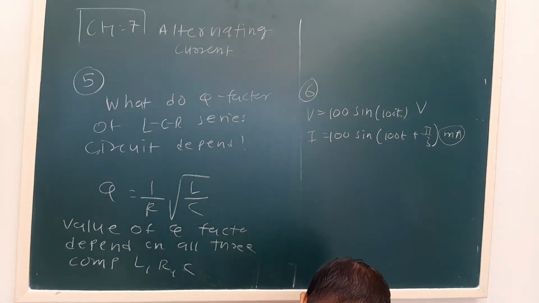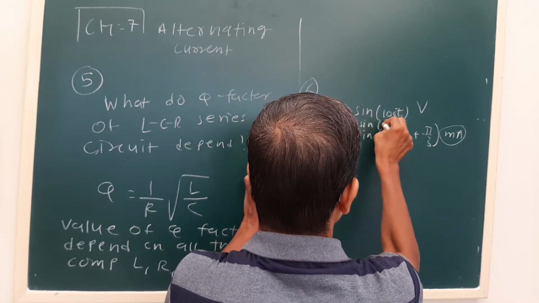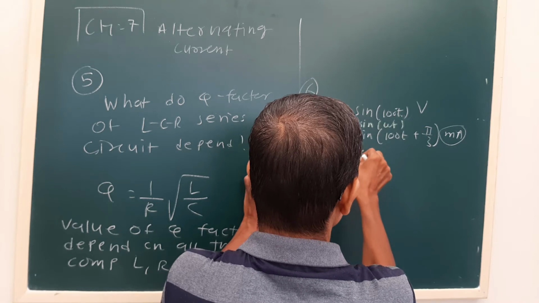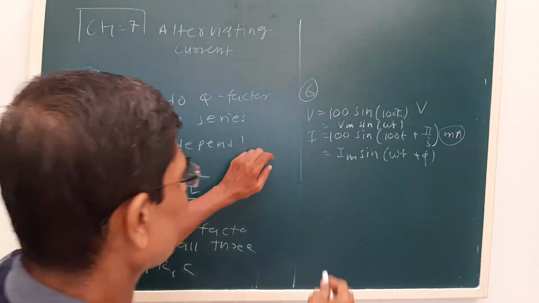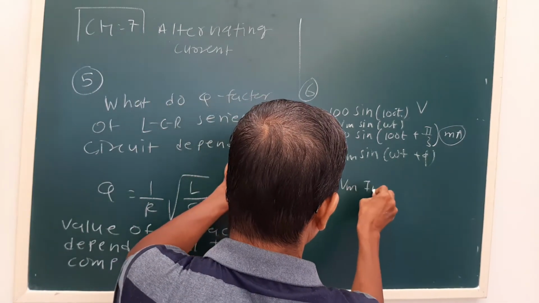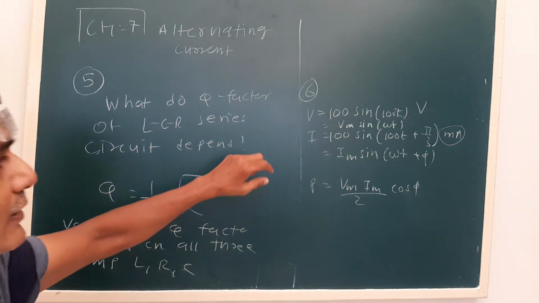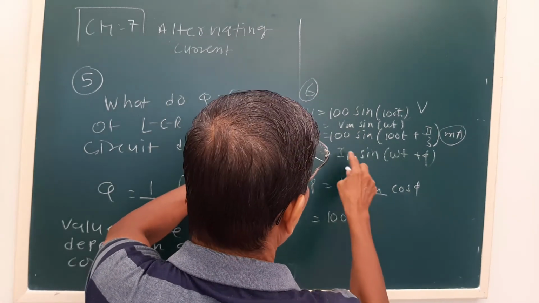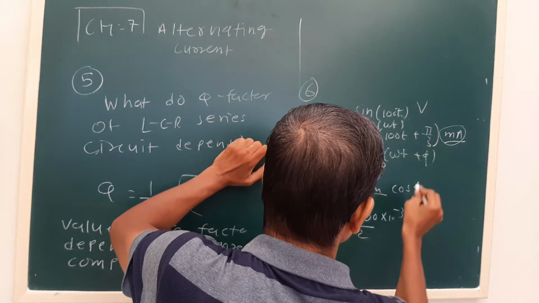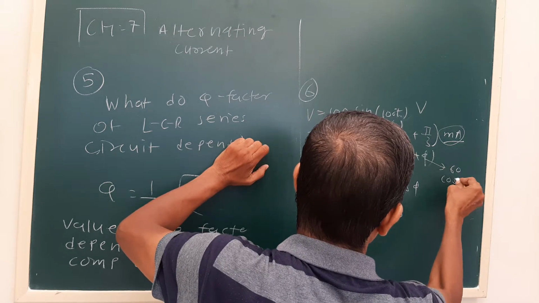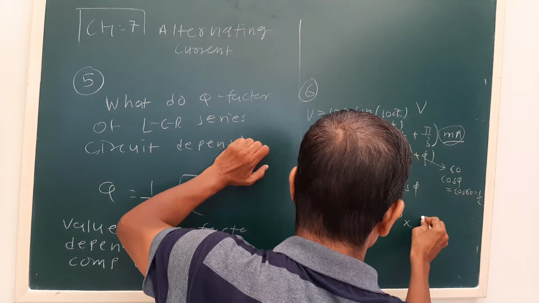Now see, if I compare with the equations Vm sin omega t and Im sin (omega t plus phi), the power in the circuit is Vm Im by 2 cos phi. Vm is 100, Im is also 100 but in milliampere, phi is 60 degrees, cos 60 is 1 by 2.